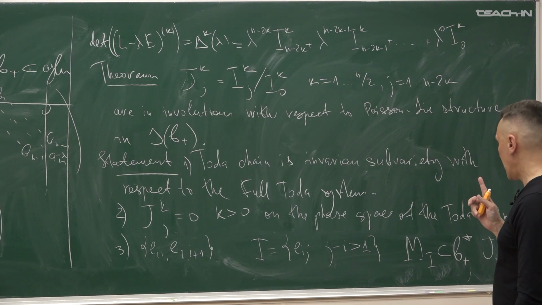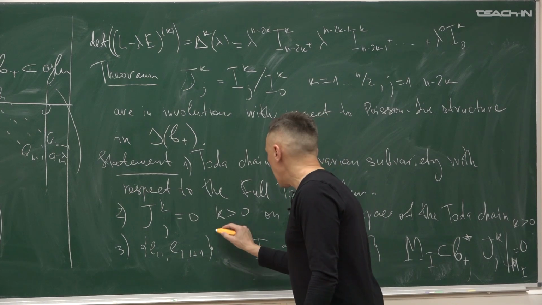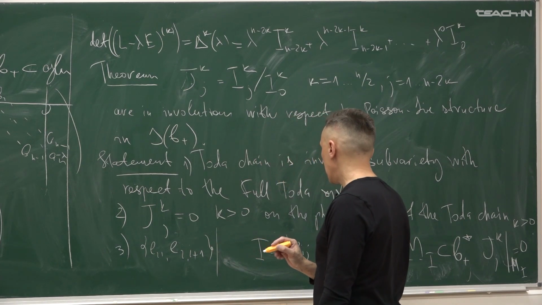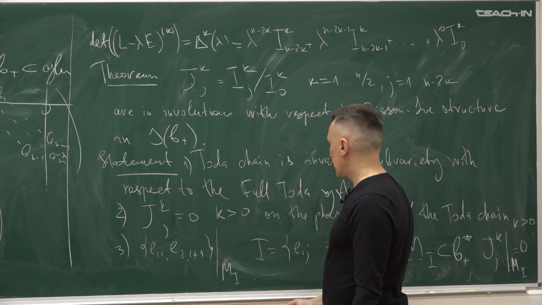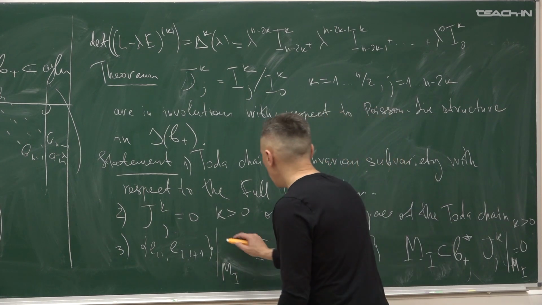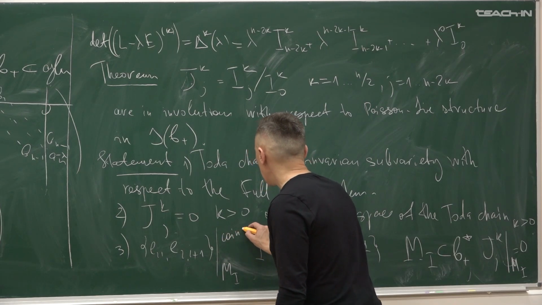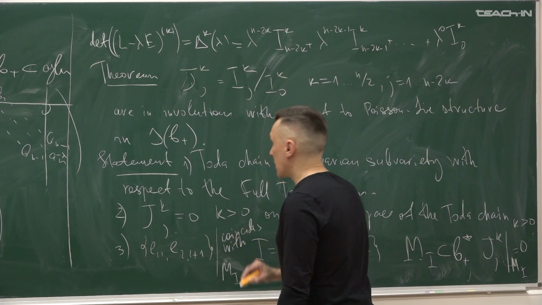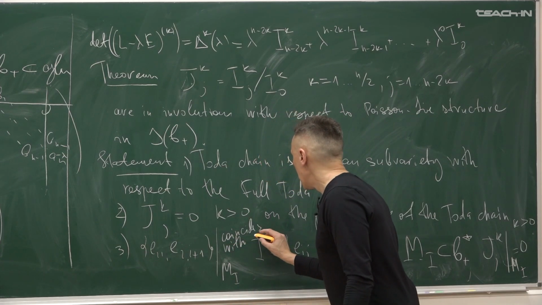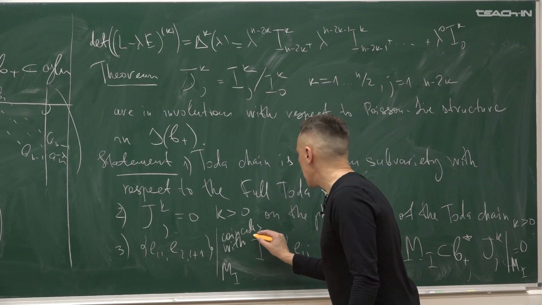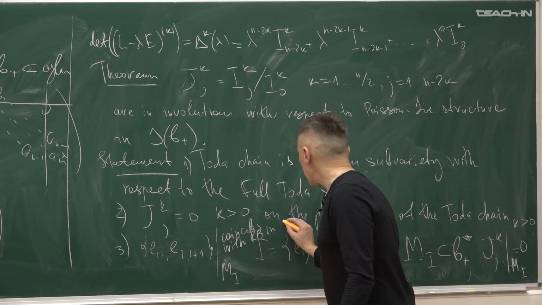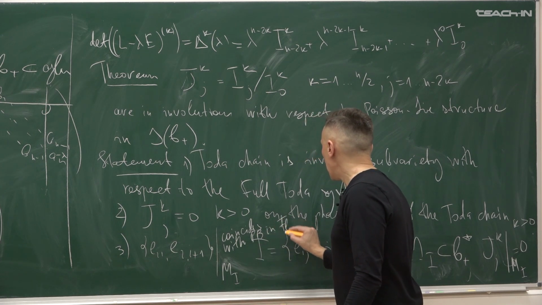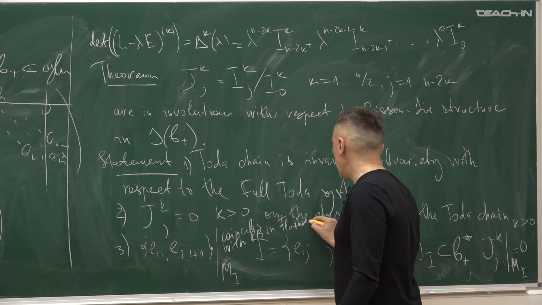And now I would like to say that this Poisson bracket restricted to M_i coincides with the Poisson bracket in Flaschke coordinates.